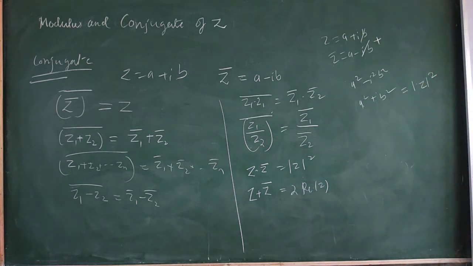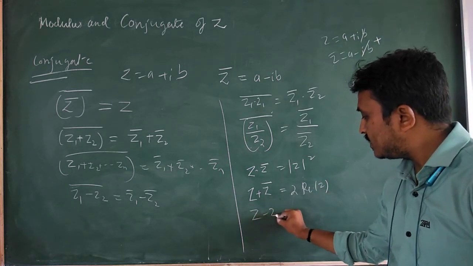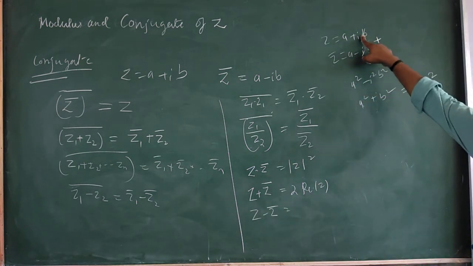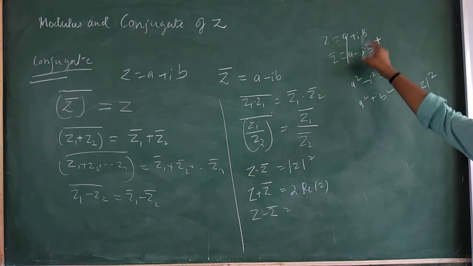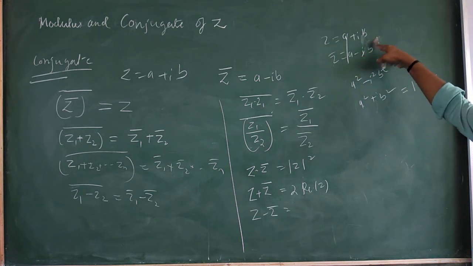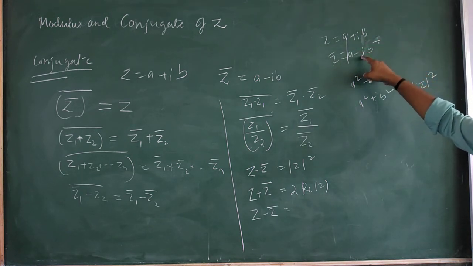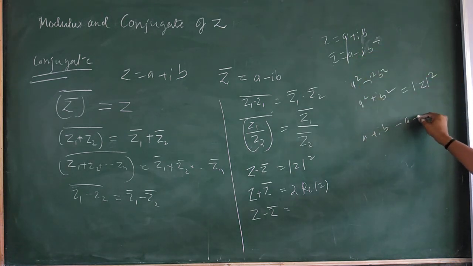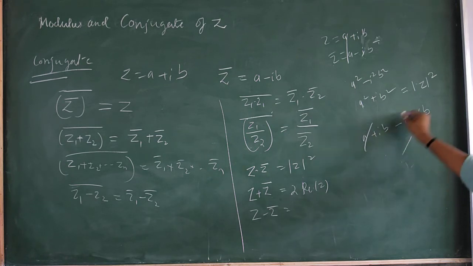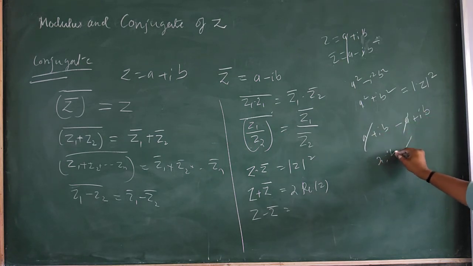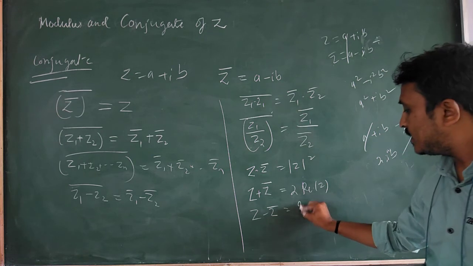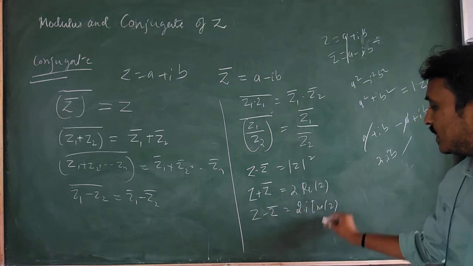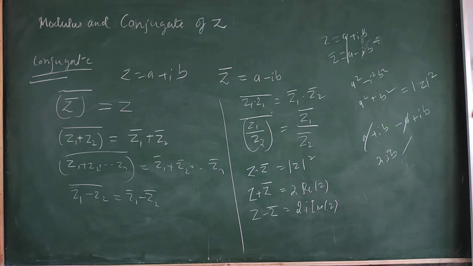And z minus z bar: a plus ib minus a plus ib, these two are cancelled, giving 2 times i into b, that is 2i times the imaginary part of z.